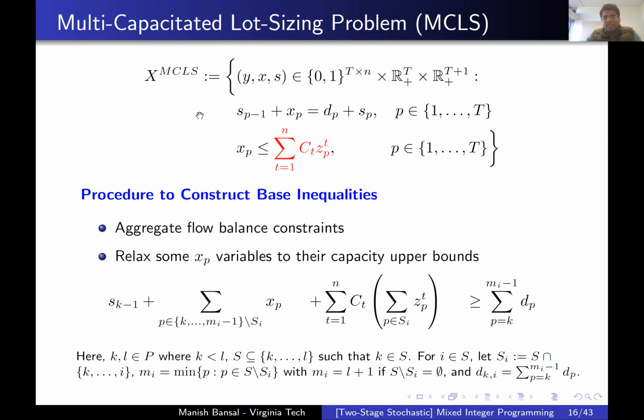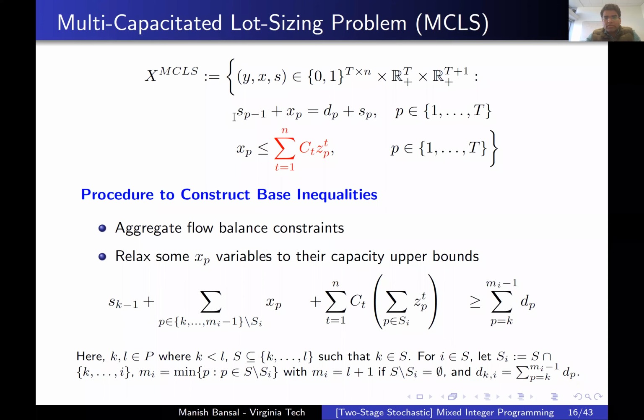So I want to generate some cuts for this problem, and the procedure, as I've been talking about, is aggregation. So let's aggregate some of these flow balance constraints, which are already in the equation form. Let's say I aggregate the constraints from p equal to k to m_i minus 1.